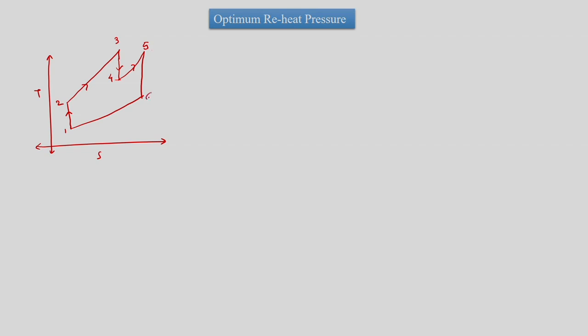So this is 5 and this is 6. That is what we mean by optimum reheat pressure. And optimum reheat pressure means the pressure at which the W net will be maximum, and then we will find out W net again as Wt minus Wc, and W net is equal to Cp into T3 minus T4 plus Cp into T5 minus T6 minus Cp into T2 minus T1.